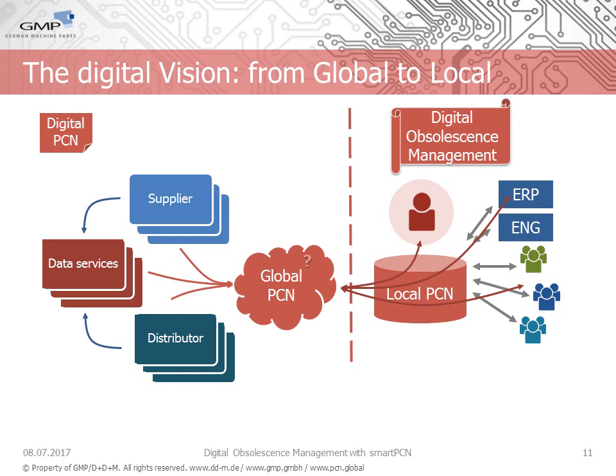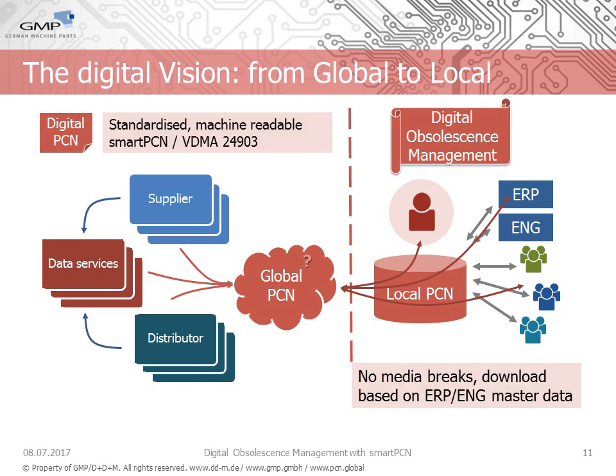What we need is a mechanism that allows us to download just the digital PCN fitting to our data in the ERP system. This would allow a digital, standardized and machine-readable PCN flowing into the local database and subsequently the other company systems. But it needs to work in a way that company-related information is not disclosed to third parties.